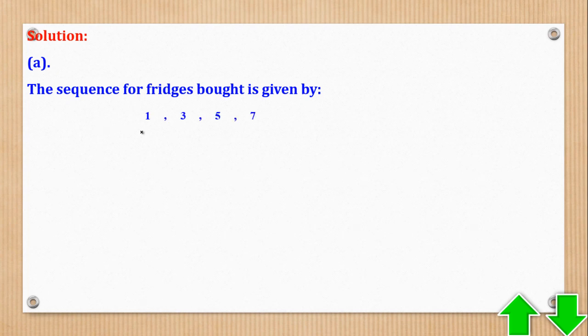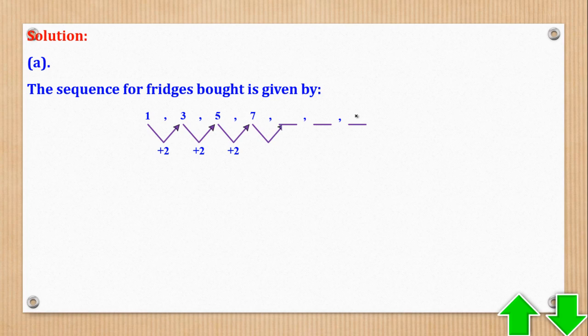We have 1 fridge on the first day, 3 fridges on the second day, 5 fridges on the third day, and 7 fridges on the fourth day. 5th we don't know yet, 6th we don't know yet, and 7th we don't know yet. So we need to get a pattern. From 1 to 3 it was +2, then from 3 to 5 it was +2, from 5 to 7 it was +2, so the pattern is the same.